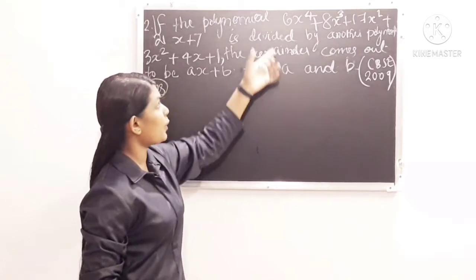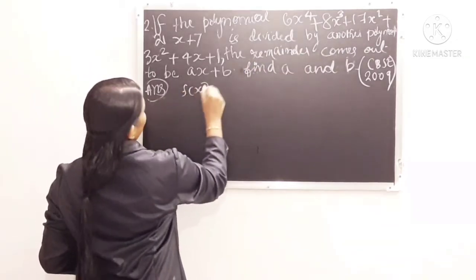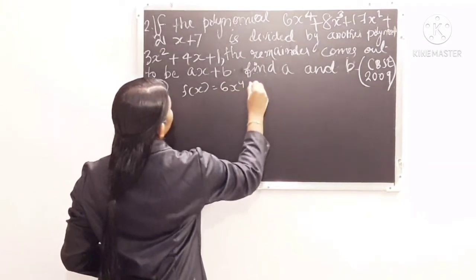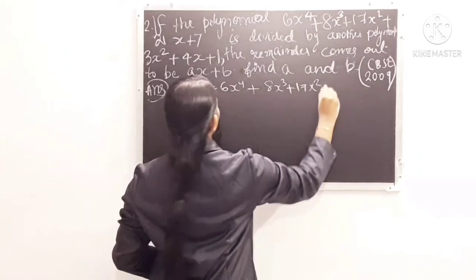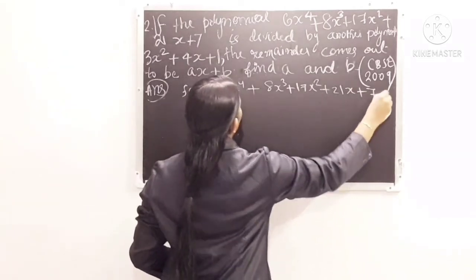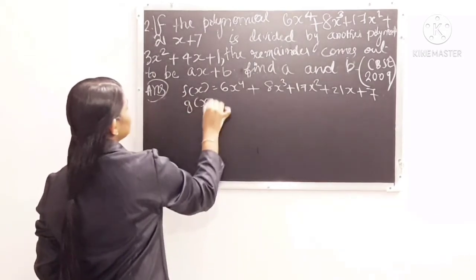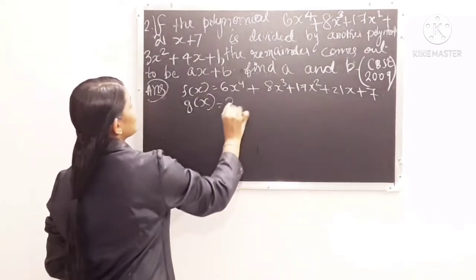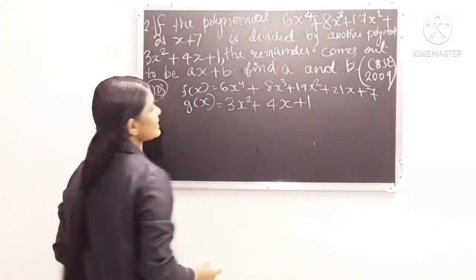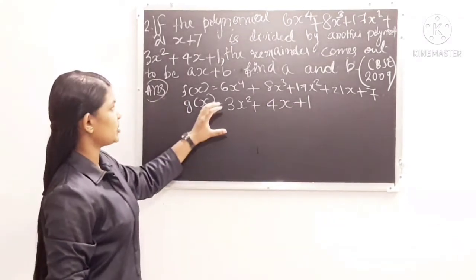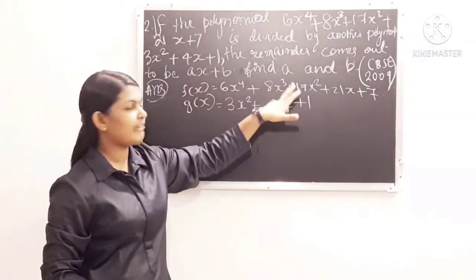Here the given polynomial f of x is 6x raised to 4 plus 8x cubed plus 17x squared plus 21x plus 7, and the divisor g of x is given as 3x squared plus 4x plus 1. It is given that when we do this division, the remainder comes out to be ax plus b.